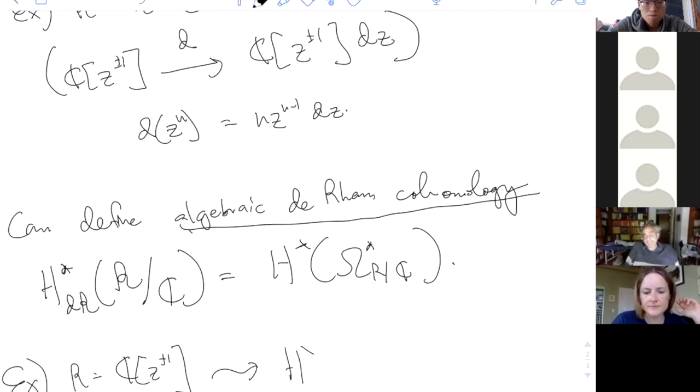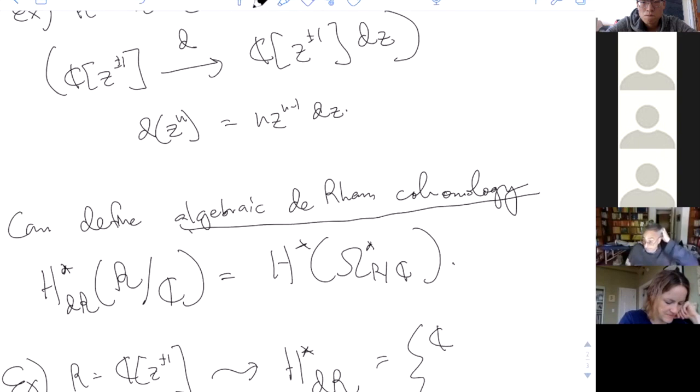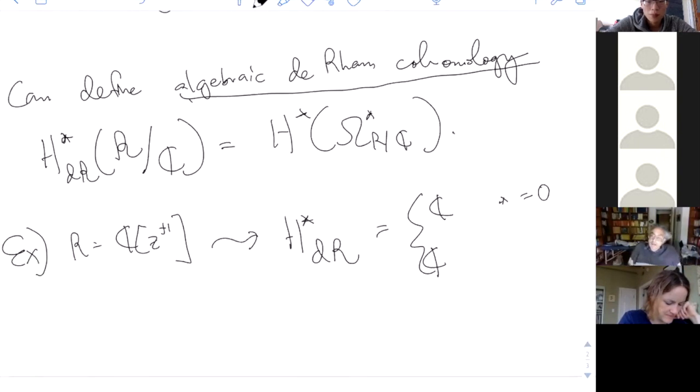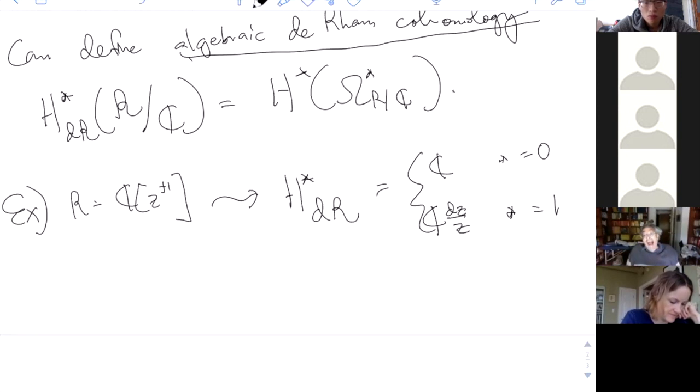In degree 0, the only cycles are the constants, z^0. In degree 1, the only thing that's not hit by the differential is dz/z. So H^*_dR is C for star equals 0, and C times dz/z, or d log z, for star equals 1. That's the algebraic de Rham cohomology in this case.